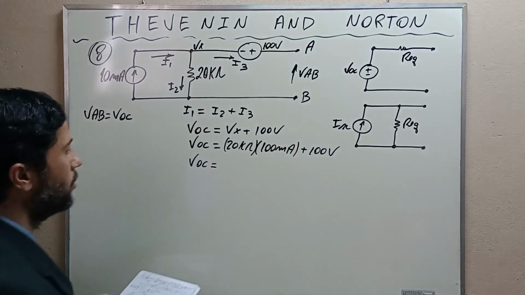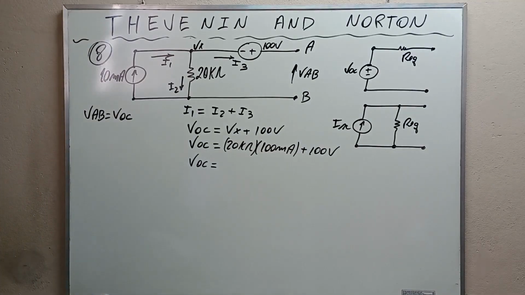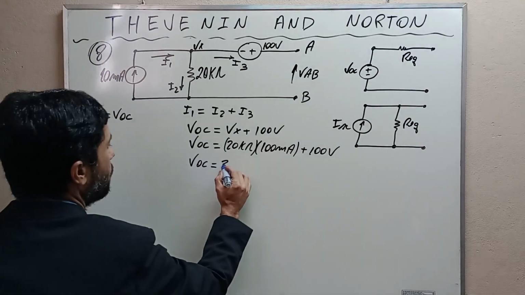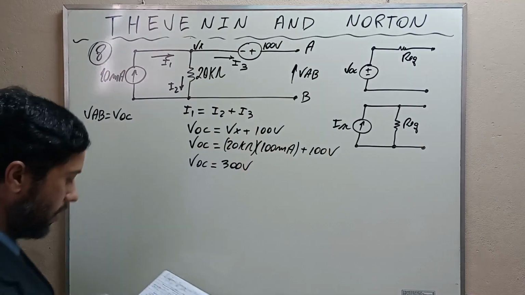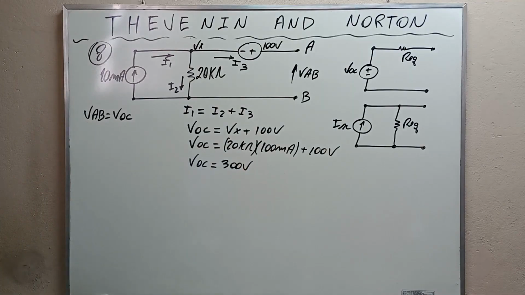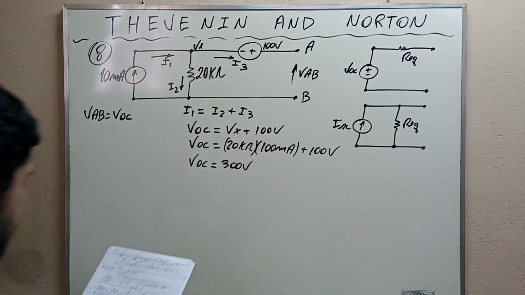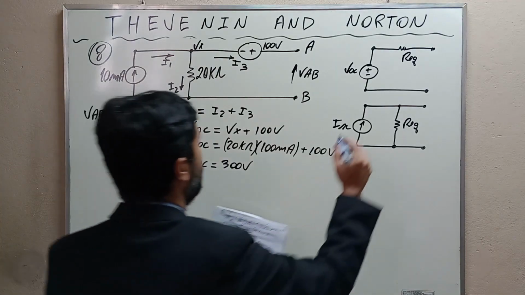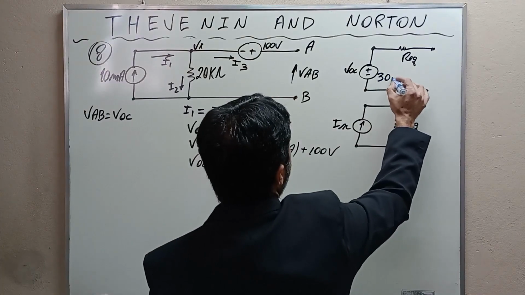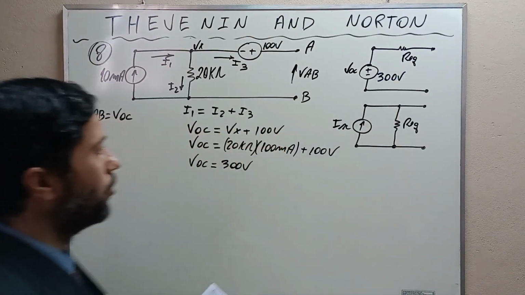Therefore, we conclude that VOC is equal to 300 volts, okay? We already know the open circuit voltage, and it is equal to 300 volts, okay?